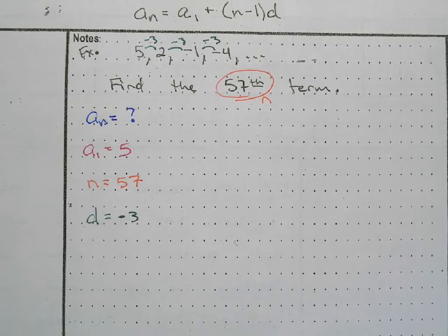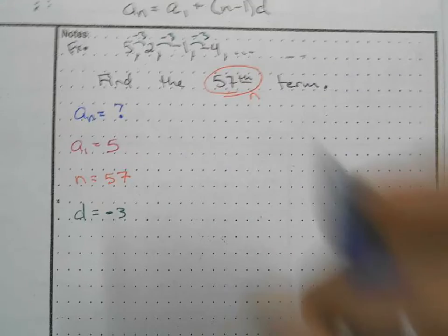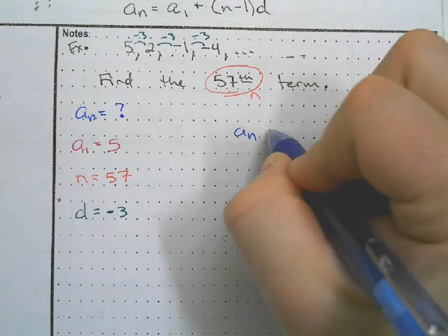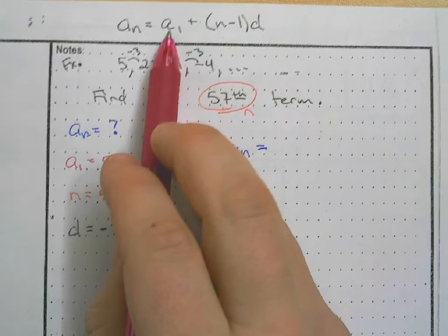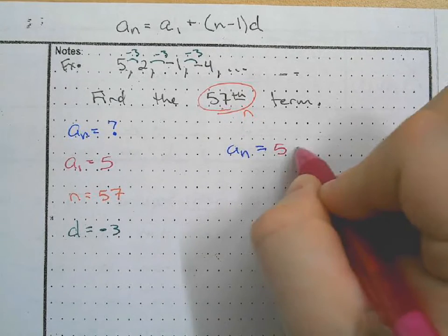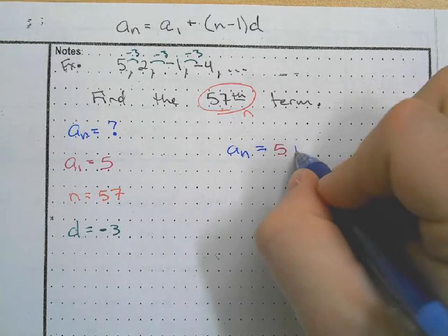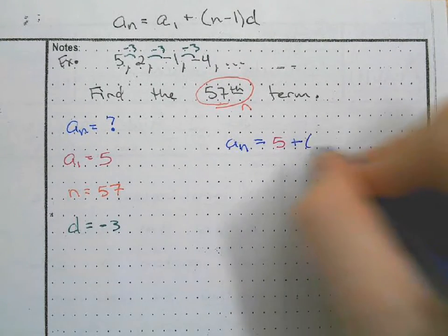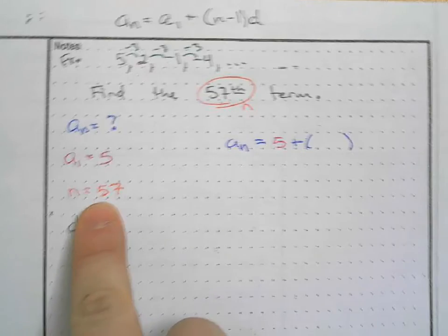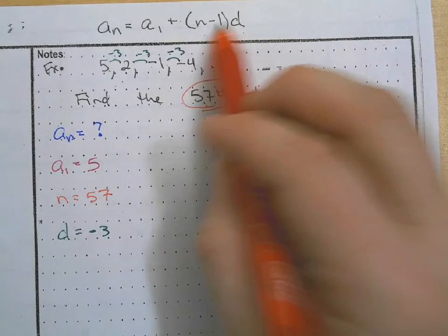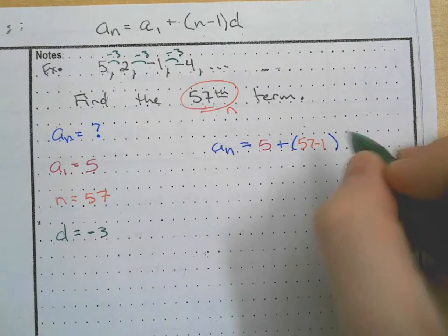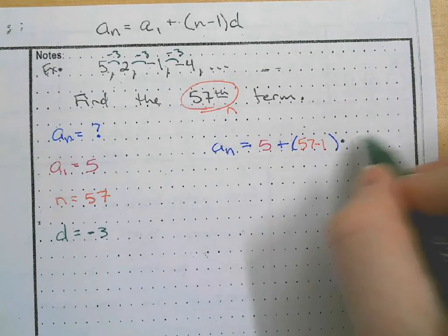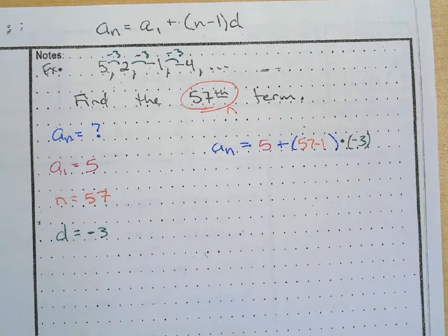Now we just plug everything in and we'll solve. So a sub n is my question mark, so I'll just write that, equals a sub 1, I'm plugging into this formula right up here, 5 plus parentheses, and then I'm going to do 57 minus 1, n minus 1, and multiply that by negative 3, like so.